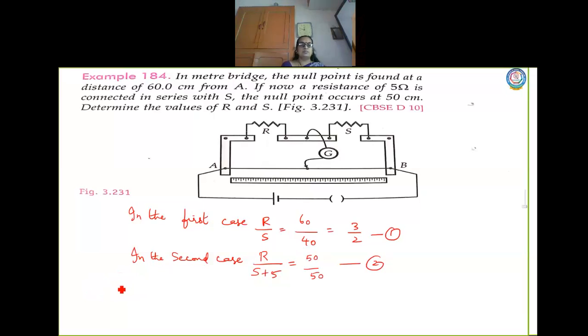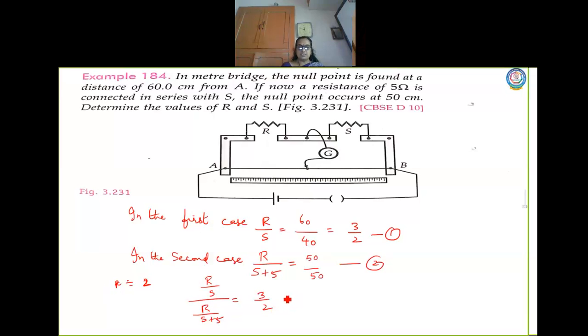So divide 2 by 1. When I divide 2 by 1, sorry children, 1 by 2. So let us divide R by S by R by S plus 5 equal to, the right side you have 3 by 2.